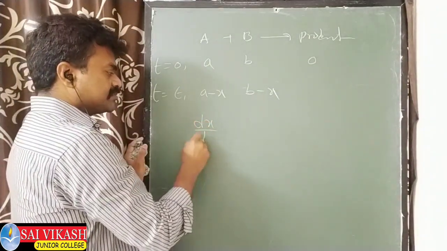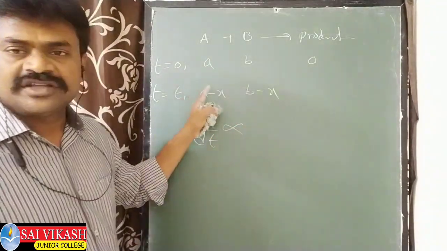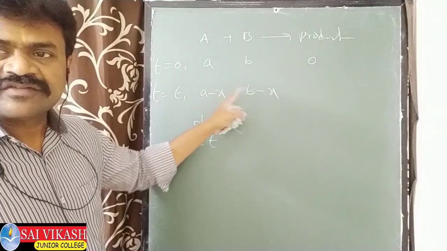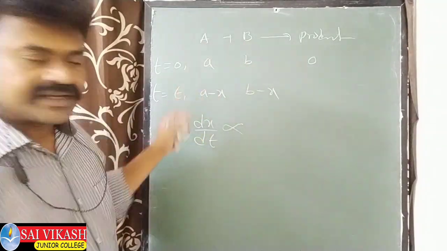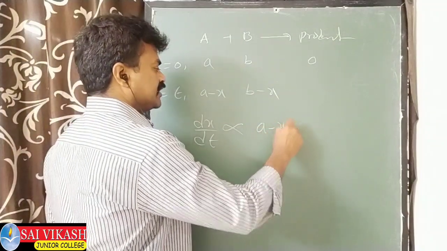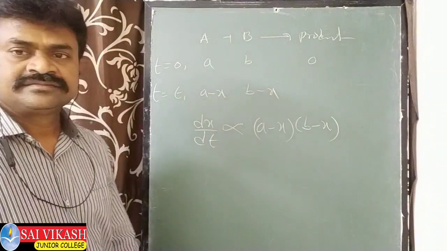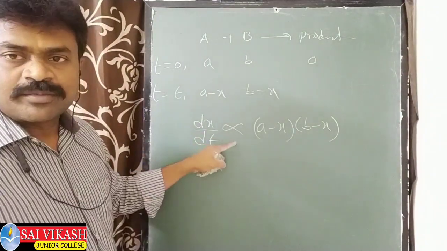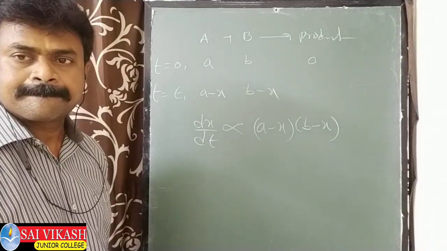So dx by dt is proportional to the product of the molar concentrations of the reactants present at time t. A and B are the reactants, so you will get (a minus x) into (b minus x).